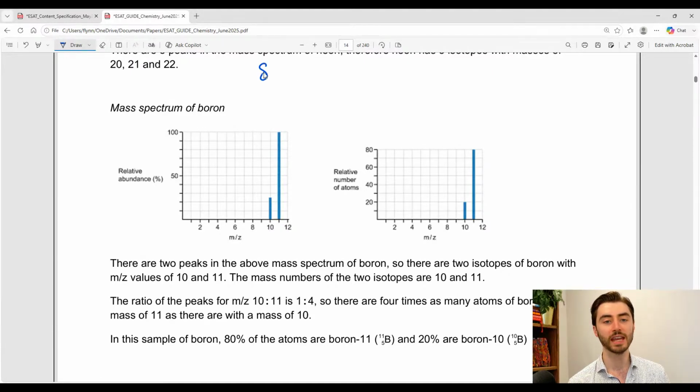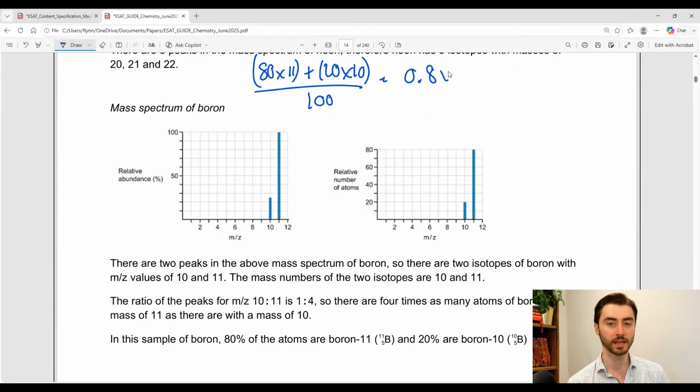In this case, you can either say 80% of it is 11 and 20% of it is 10, divided by 100%. Or you can just say 0.8 times 11 and 0.2 times 10. Now, you could go ahead and calculate that as 8.8 plus 2 is 10.8.